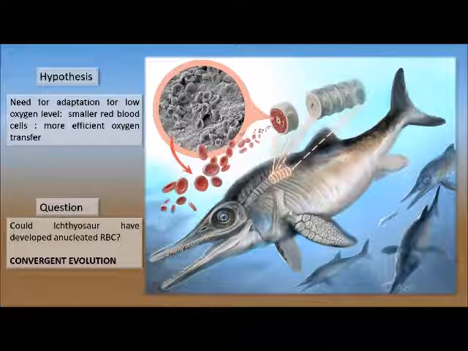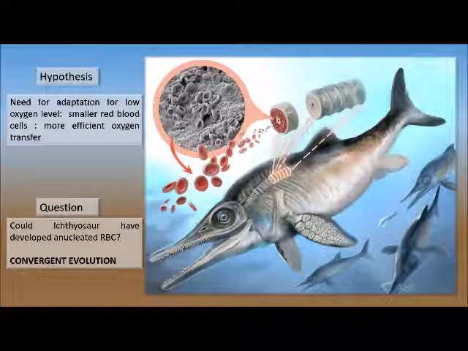The mammals did that to have more space to transport hemoglobin in their red blood cells and have smaller cells. So it's all about efficiency. Could those guys, who have no representatives at all today, have evolved the same type of blood system and oxygen transport? And then it would be convergent evolution.